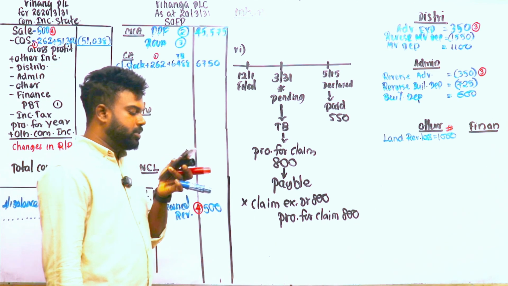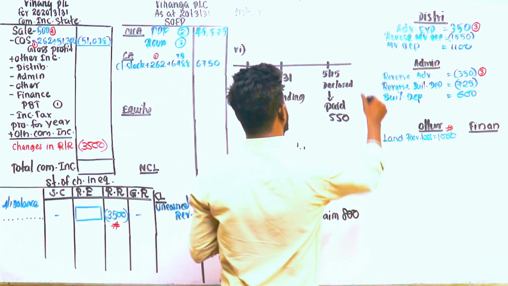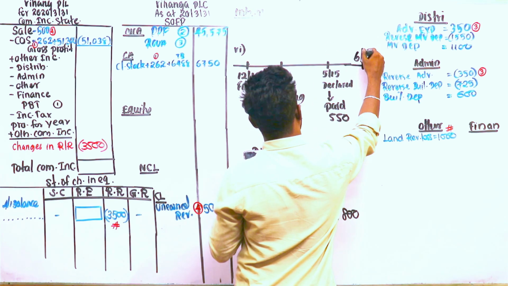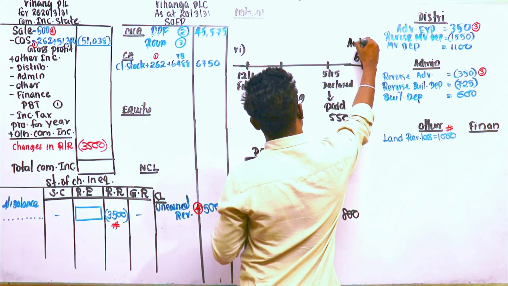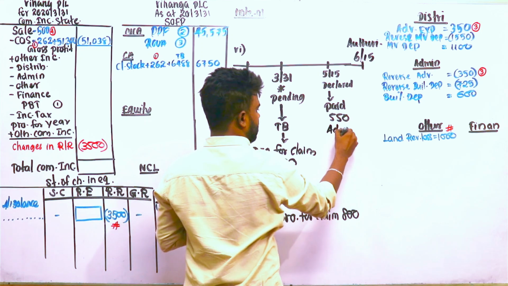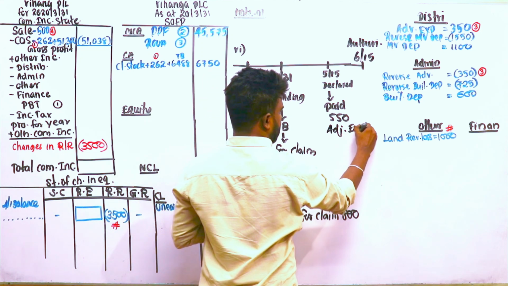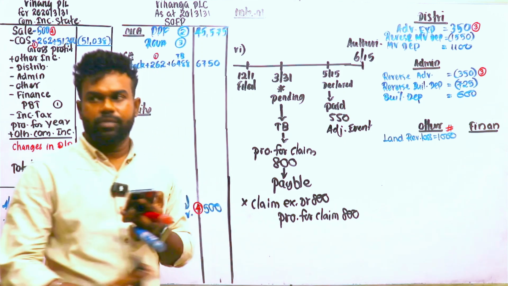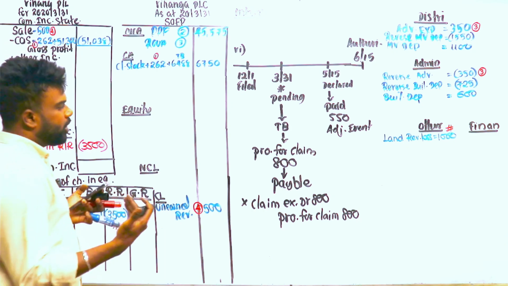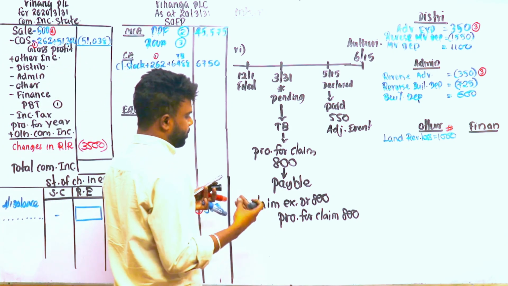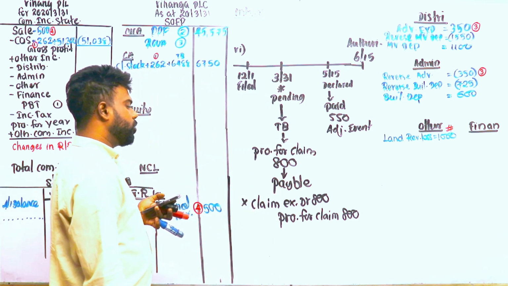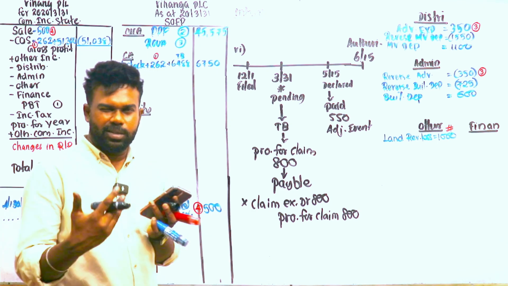So the question says the financial statements were authorized by the directors on June 15th. Clear? Therefore this is an adjusting event. Actually here you can identify it under provision or provisions like income tax adjustments, but let's learn like this.